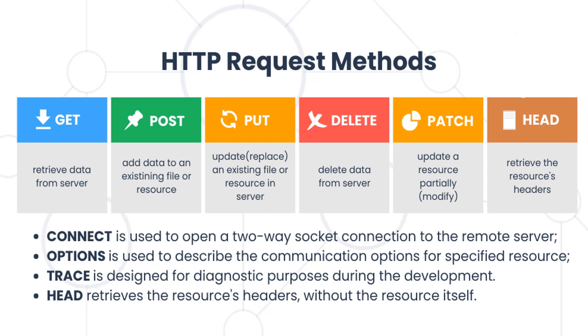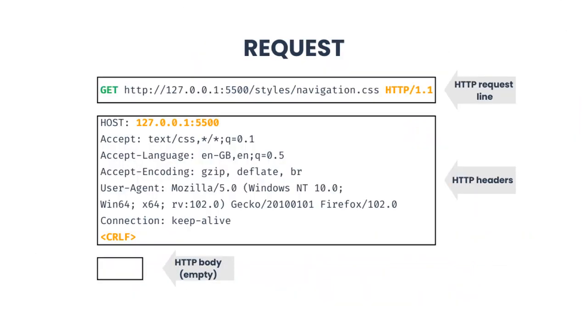Moving on, let's take a quick look at the structure of an HTTP request. Here, as you can see, a GET HTTP request has been made at this particular URL. The request is made in HTTP 1.1 version, and in the response we got the HTTP header and HTTP body.